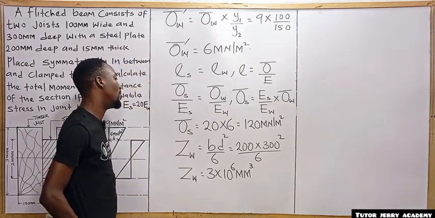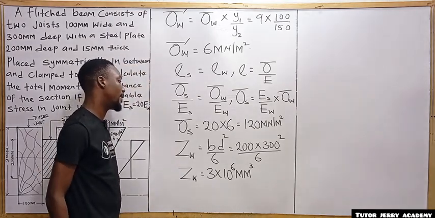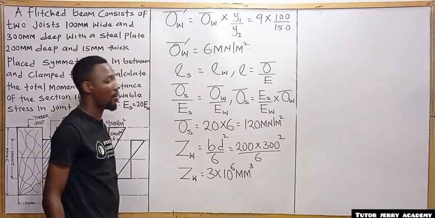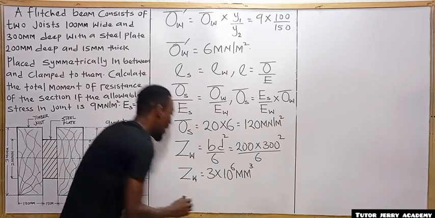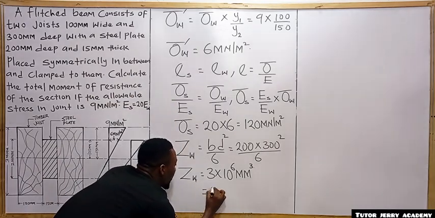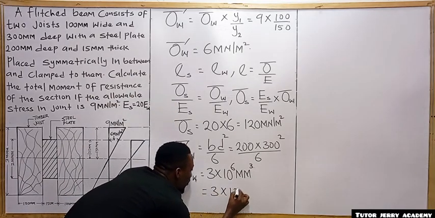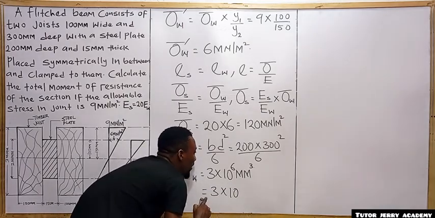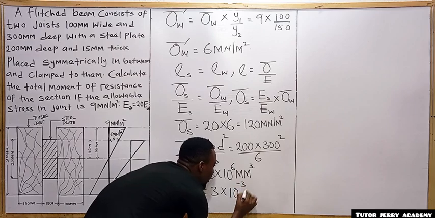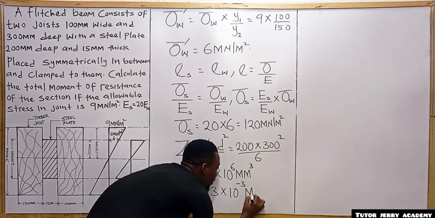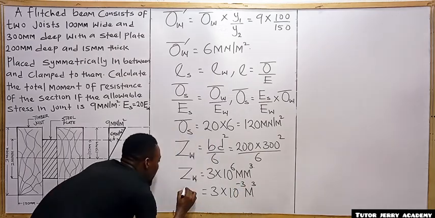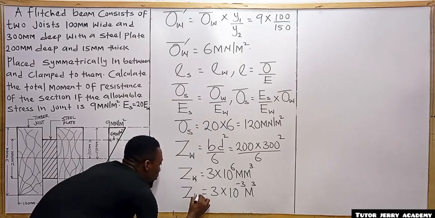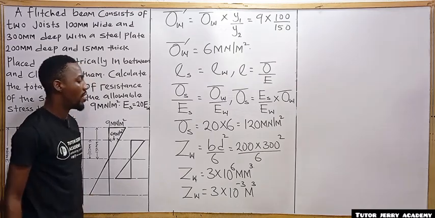It means we are going to divide this by 10 to the power of 3, all cubed. If we do that, this is going to be 3 multiplied by 10 to the power of 6 minus 9, that is minus 3. So this is going to be m to the power of 3. So this is the section modulus of the wood. I hope we understand this.